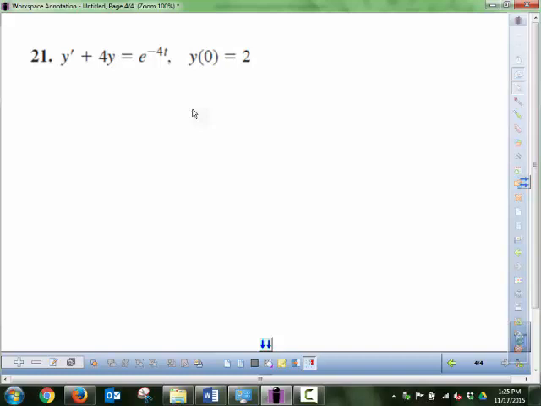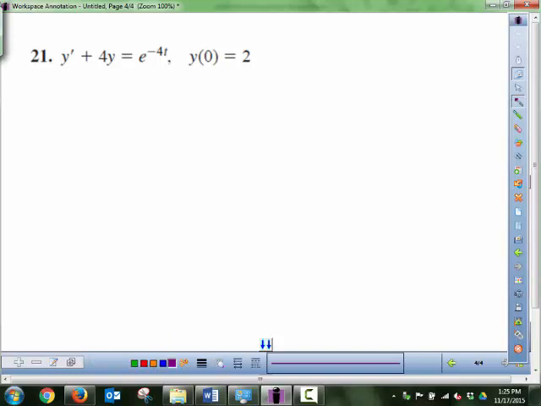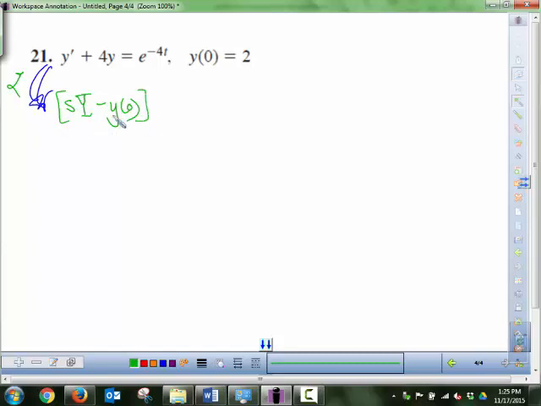All right, let's bring it to the S world, our first step. So in the S world, we have a first derivative, so that's the transformation of S times Y, capital Y, minus y of 0.